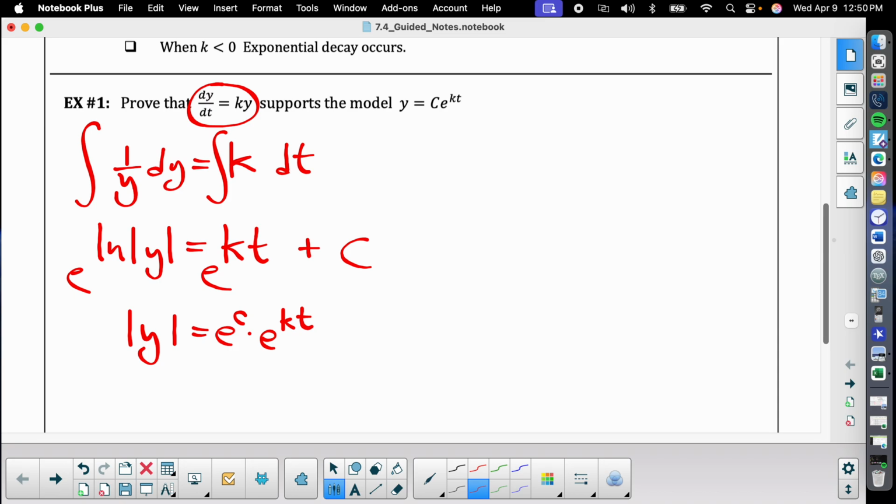And then I'm just going to do this in one step so that I don't have to keep rewriting the same things. Taking off the absolute value makes the other side plus or minus. And then the e to the c is just a number, so we call it c, and the c will absorb the plus or minus.